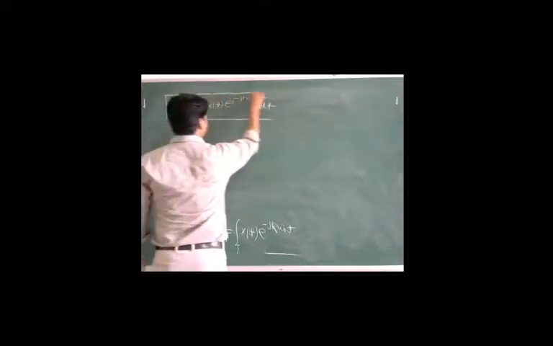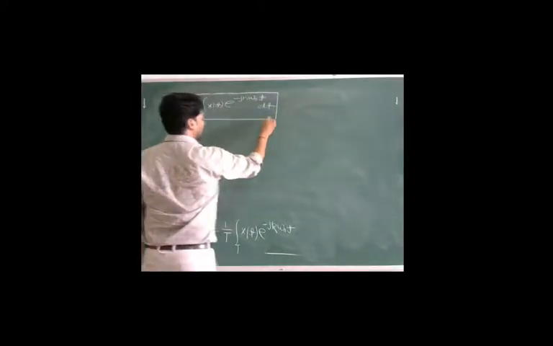From here, we can determine the value of Cn in the Fourier series of the signal x(t).